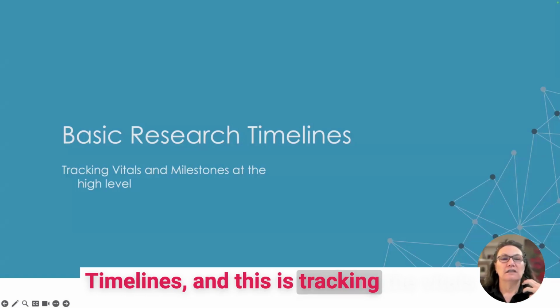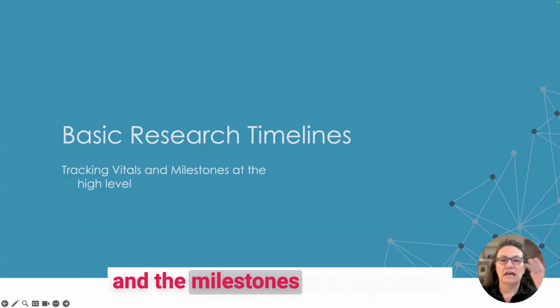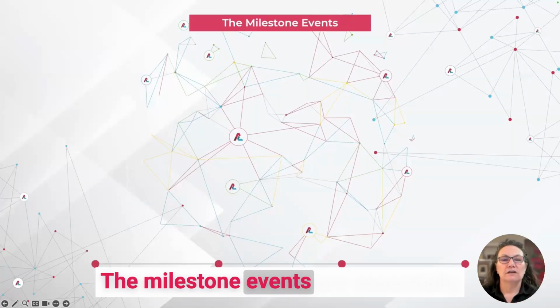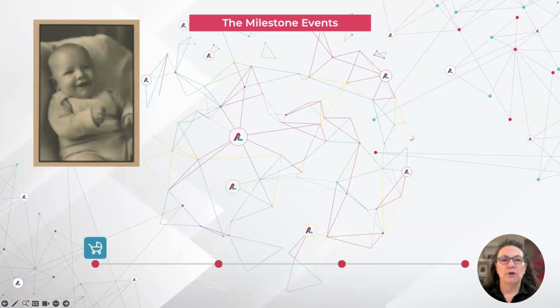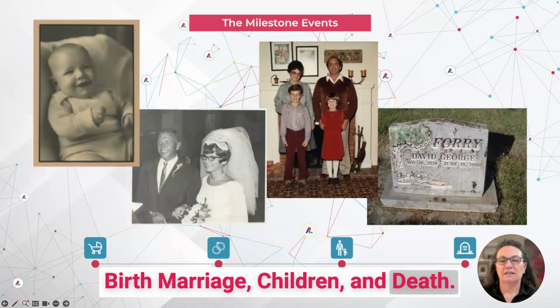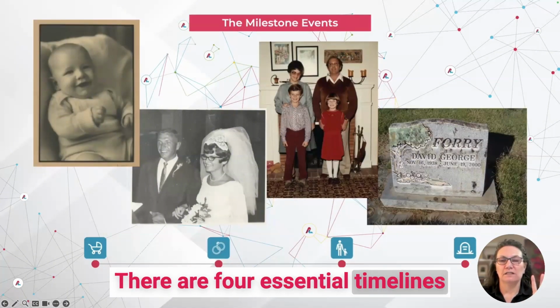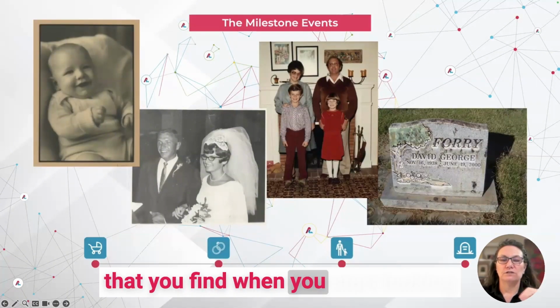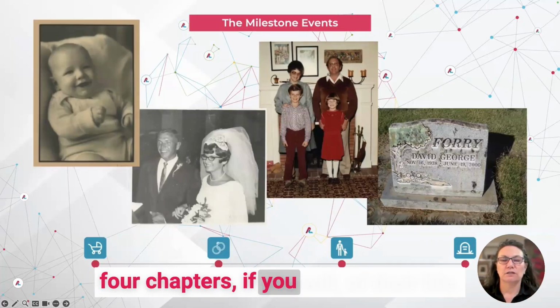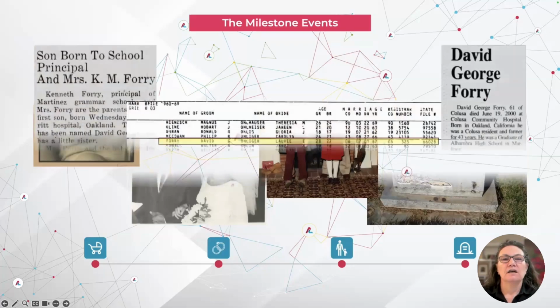And this is tracking the vitals and the milestones at a high level. The milestone events are essentially birth, marriage, children, and death. There are four essential timelines that you find when you start looking at a person. And this gives you the four chapters, if you will, of their life.